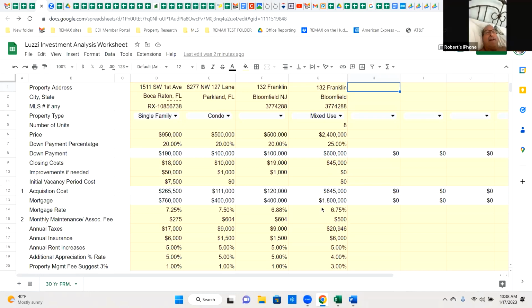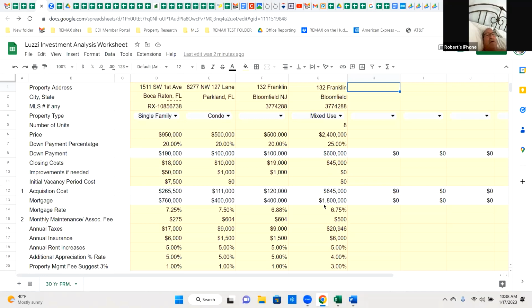Hey, Rob, one last thing before I interrupt my wife. Yep. You there? I'm here. On the 8 units, anything with 3 or 4 units, you got to worry about the green card and expenses involved with the DCA and all that kind of stuff. Agreed. It's a more sophisticated buyer. Duly noted. Because then you got who's paying the heat in that building?